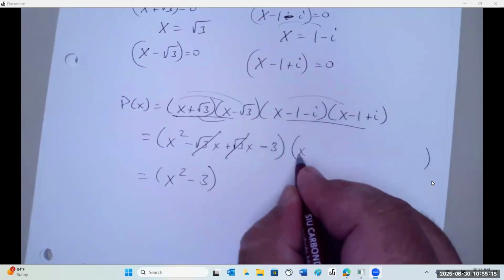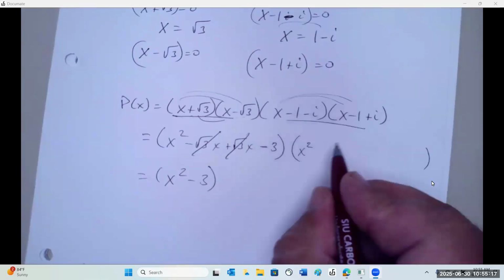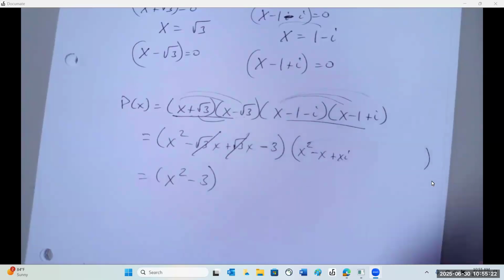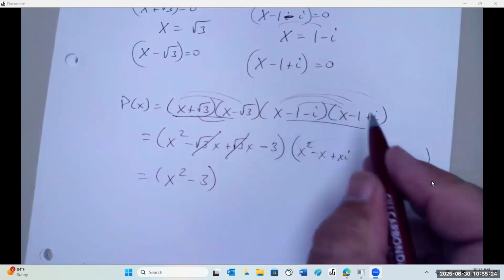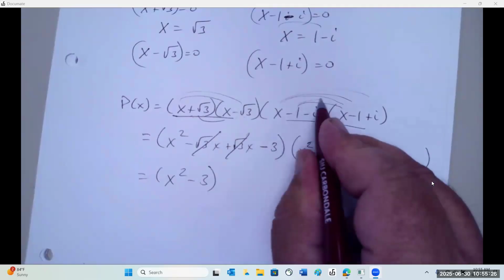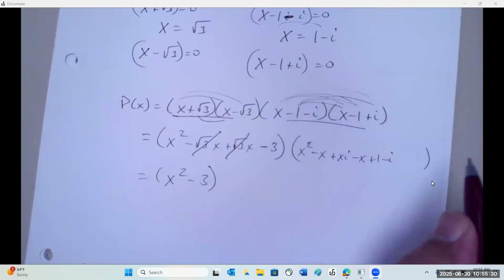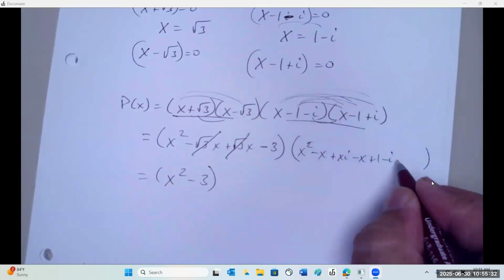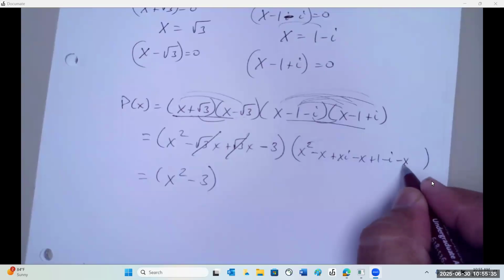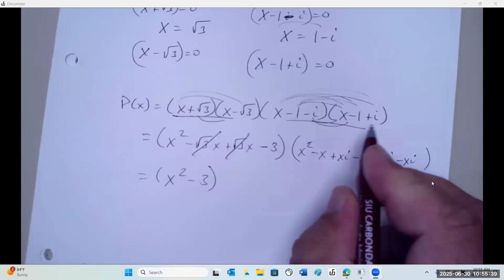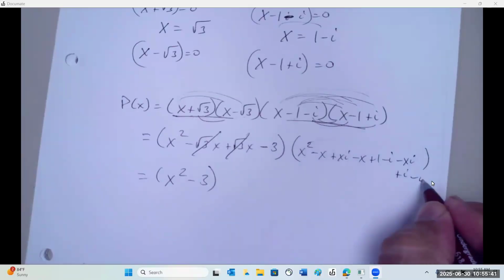X times x is x squared, minus x plus xi, minus x plus 1, minus i, minus xi, plus i, minus i squared.